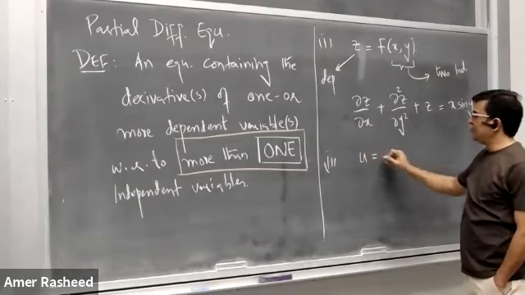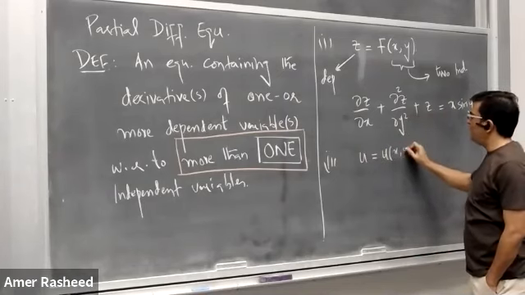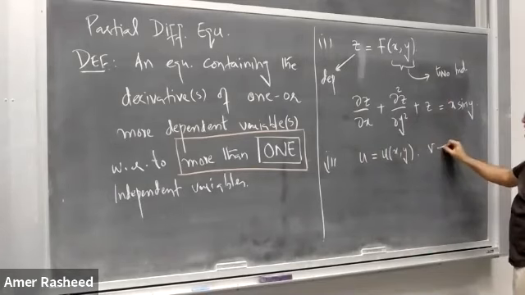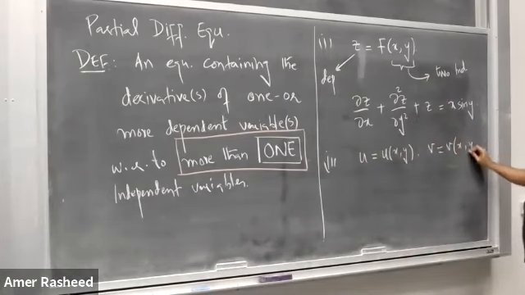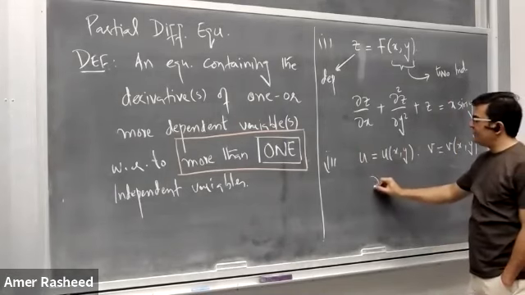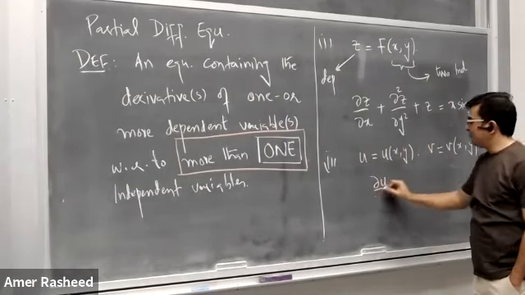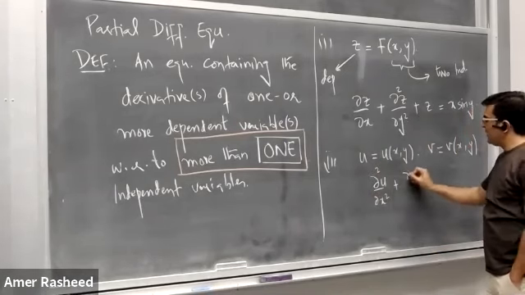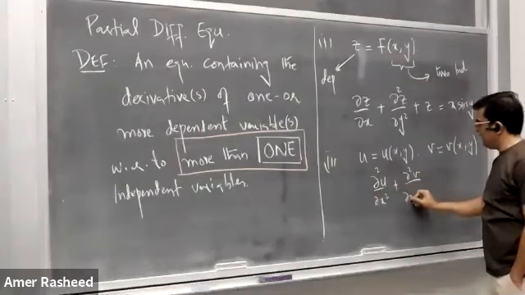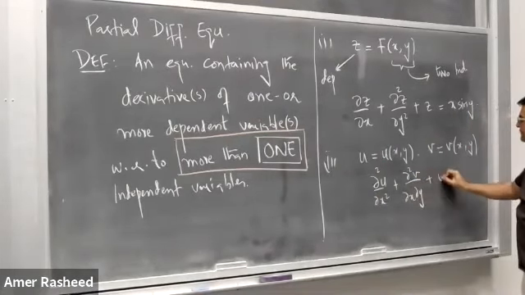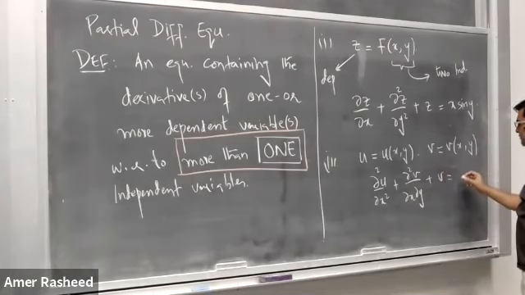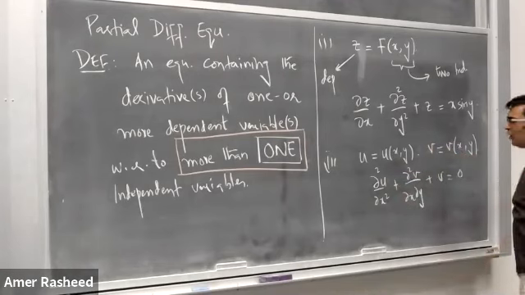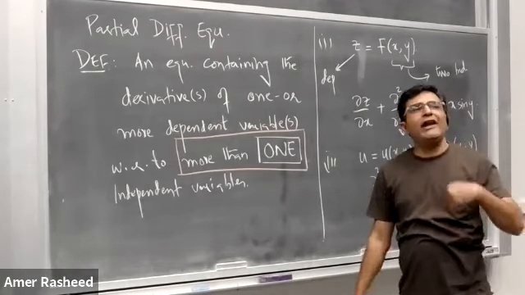As I told you earlier, if u is a function of x, y, and maybe z as well, but at least two, and v is a function of x, y, then a differential equation which I have written earlier, partial u over partial x, partial square u over partial x square, plus partial square v by partial x partial y, plus v is equal to maybe any function, maybe 0. So this is a differential equation which involves two dependent variables and two independent variables.